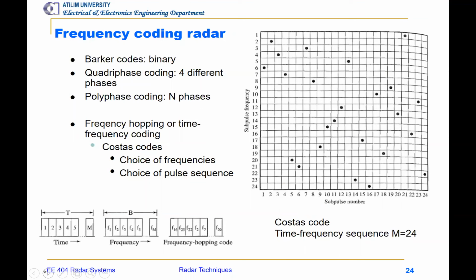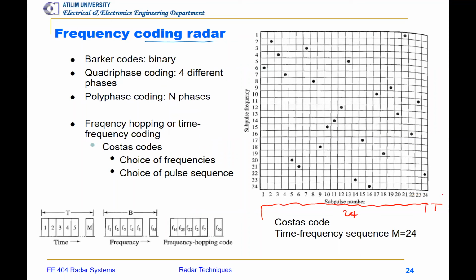Okay, another example of compression radar is frequency coding radar. In the previous slide, we described frequency modulation continuous wave radar, LFM, or linear frequency modulation radar. Now here, we have a stepped type radar. We have, let's say here, 24 pulses to construct a single long pulse.